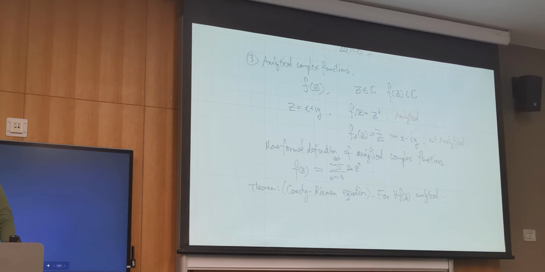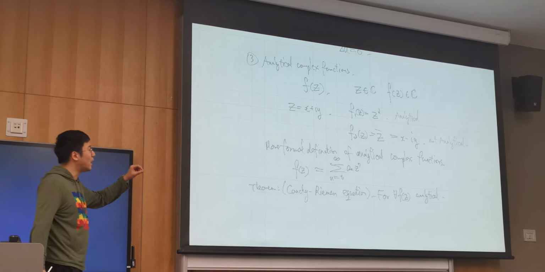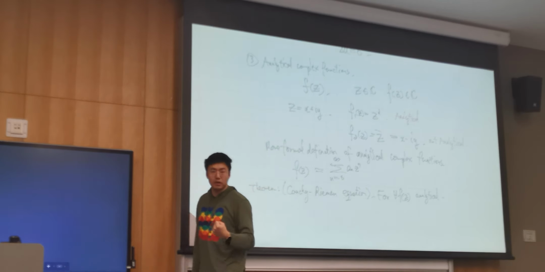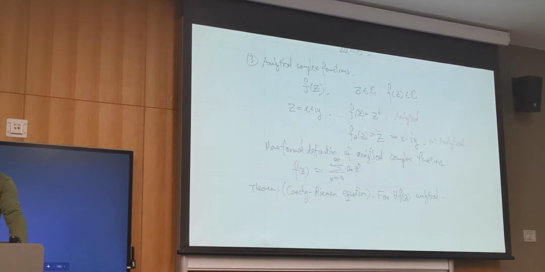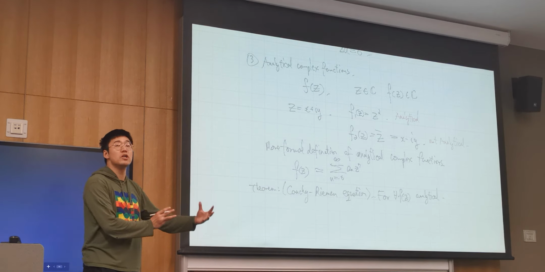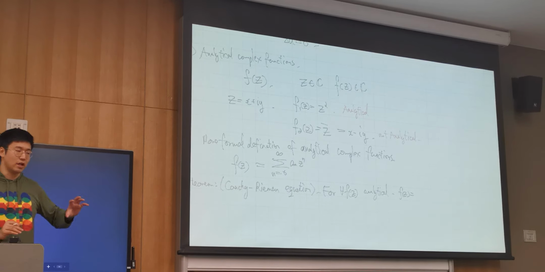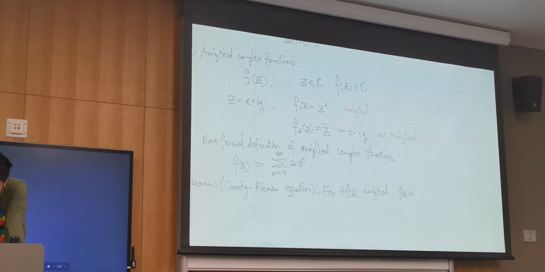since this is a complex variable function and the outcome is also complex, my f(z) also has a real part and an imaginary part. It doesn't have to be analytical for that. Any complex function f(z) can be written as u(z) plus i v(z).